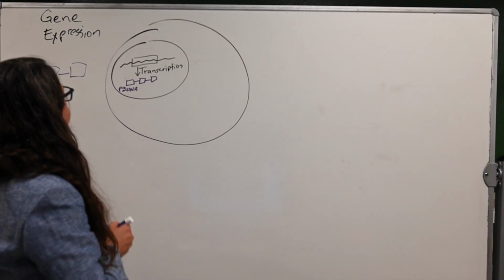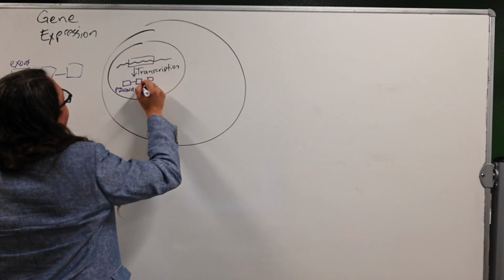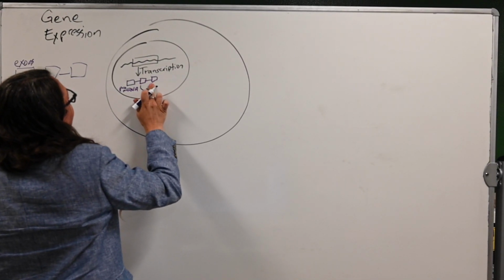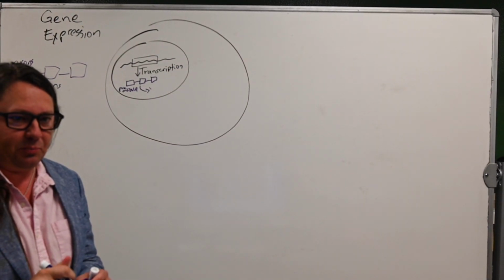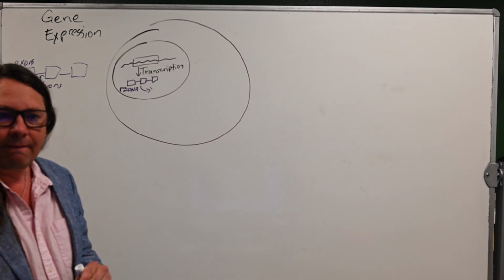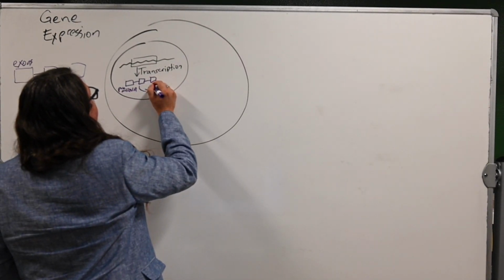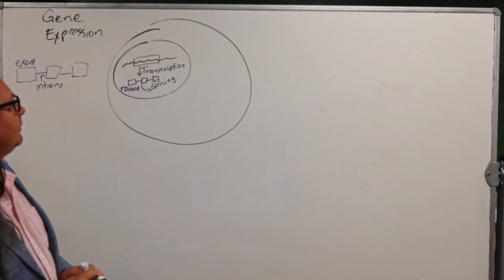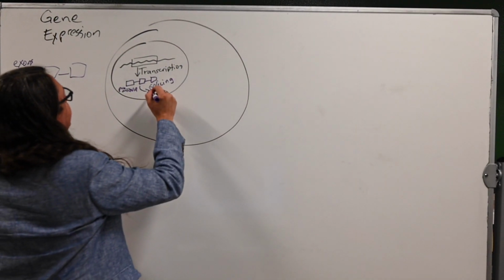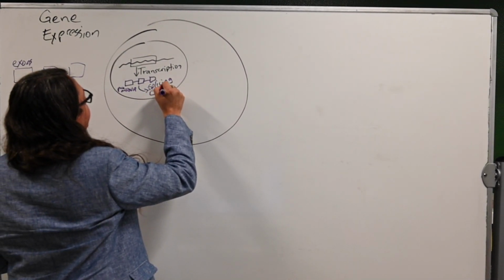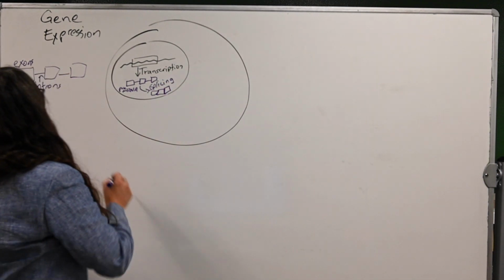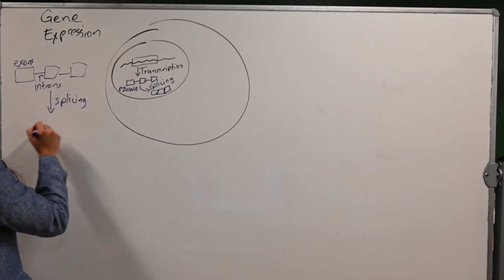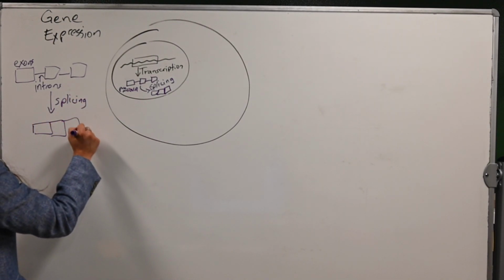So what has to happen to this transcript? What's the next step? Splicing, and that does what? Right, it removes the introns. So now all we have left are the exons. Right, so we've gotten splicing, and now we just have that.